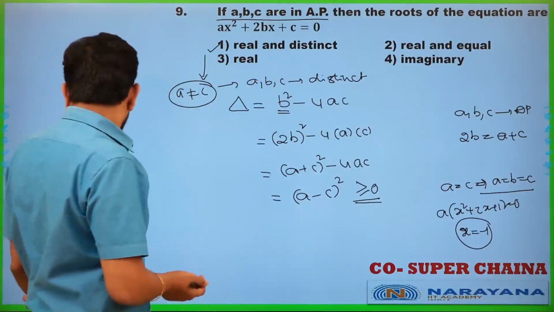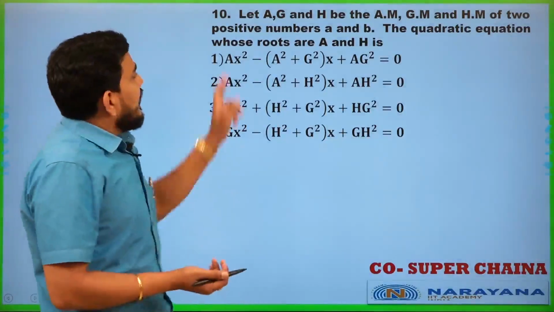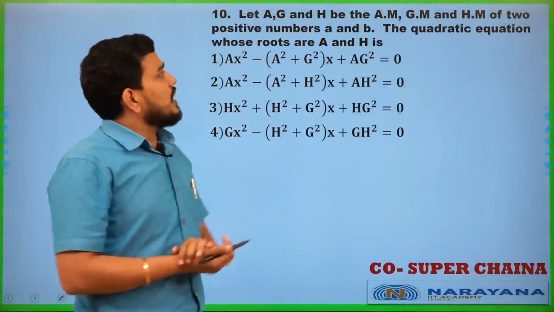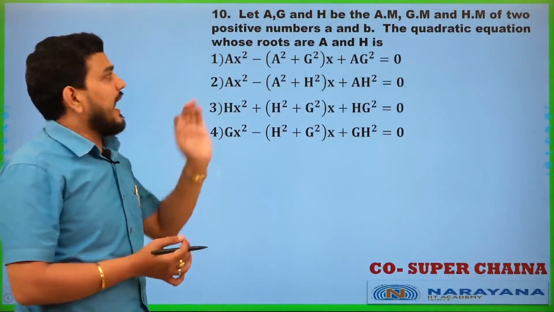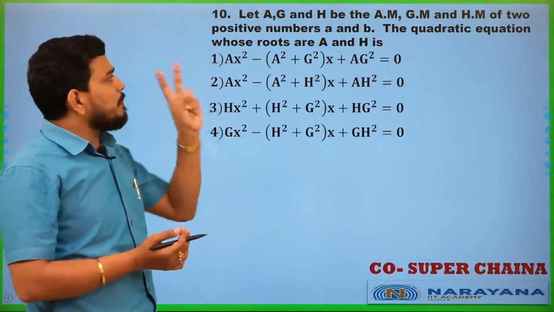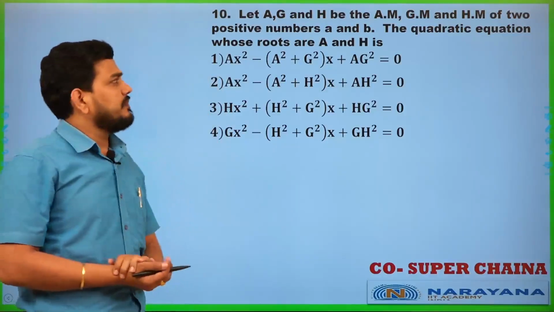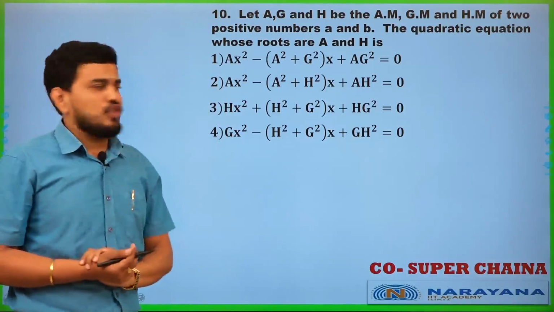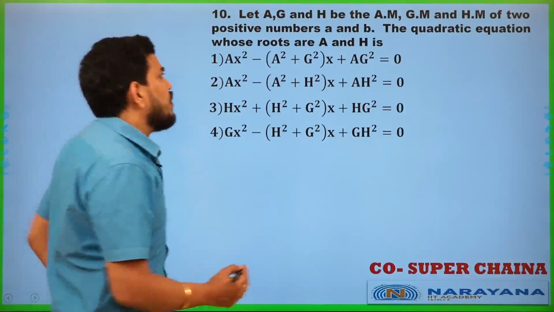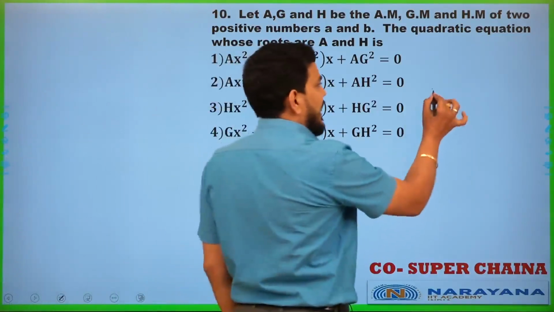The next question is: let A, G and H be the arithmetic mean, the geometric mean and the harmonic mean of two positive numbers a and b. Then the quadratic equation whose roots are A and H. So here you should know what A is.